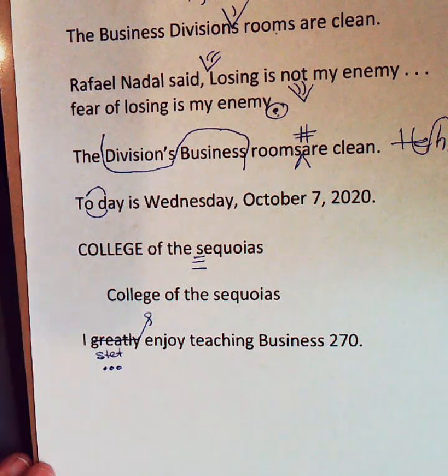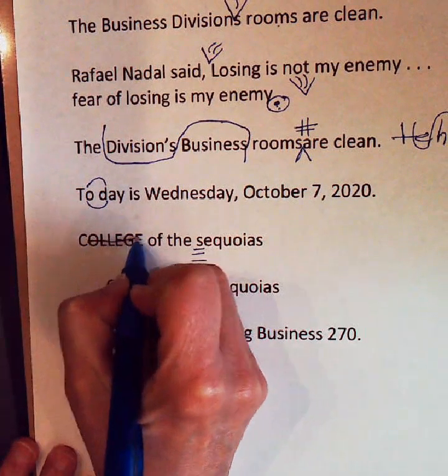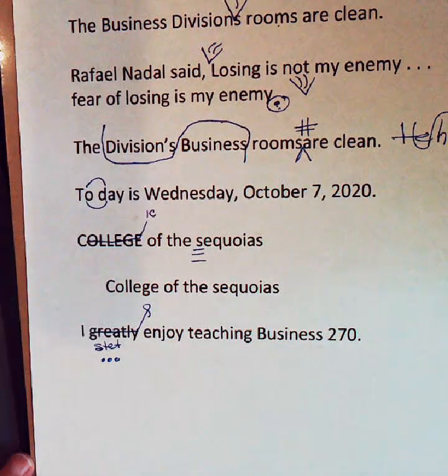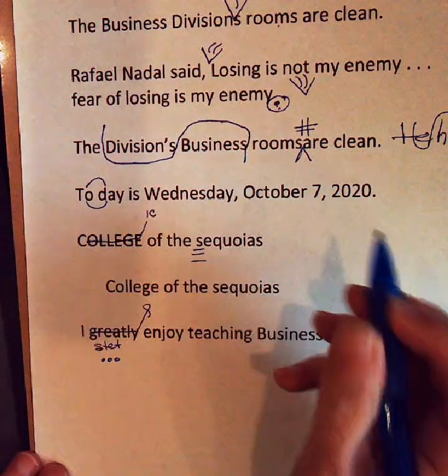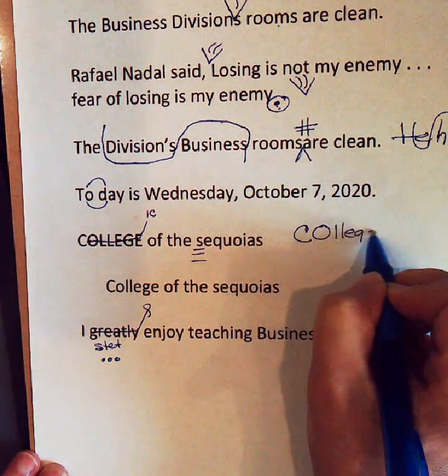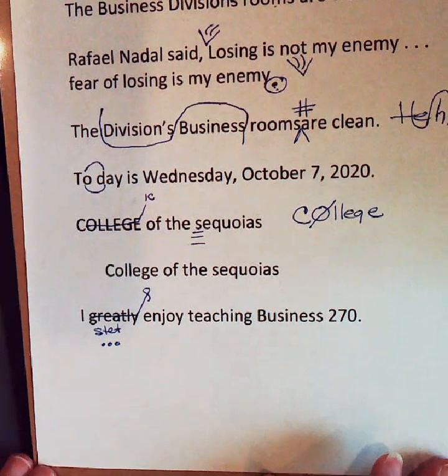So there's a variety of ways also that we could do that. I would probably put a line through it and LC for lowercase. If it were just one letter, I'd probably just put a line through it without the squiggle. The squiggle would mean to delete.